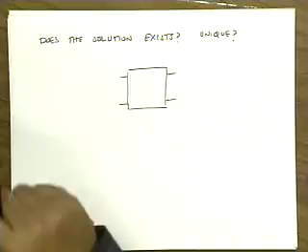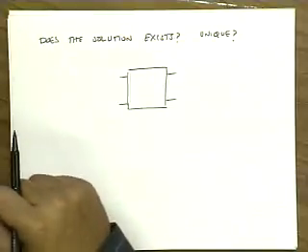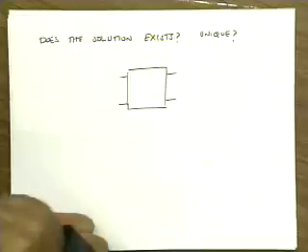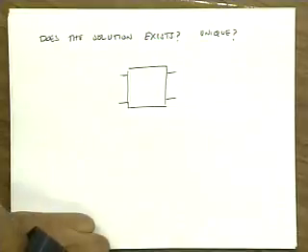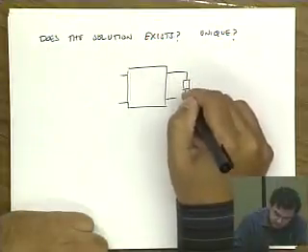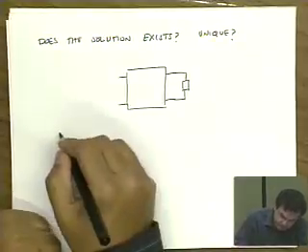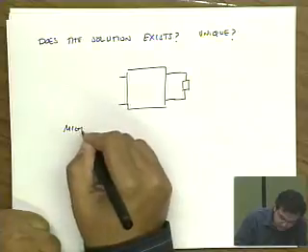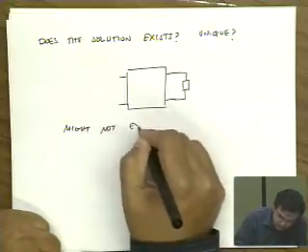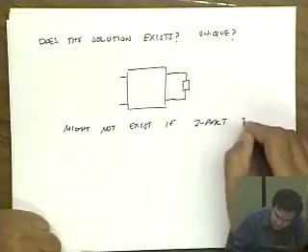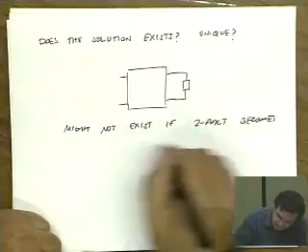Well, you're right. Actually, the solution does not always exist, but I'm looking for a different insight into why the solution might not exist. It turns out that the solution might not exist if the two-port becomes unstable.